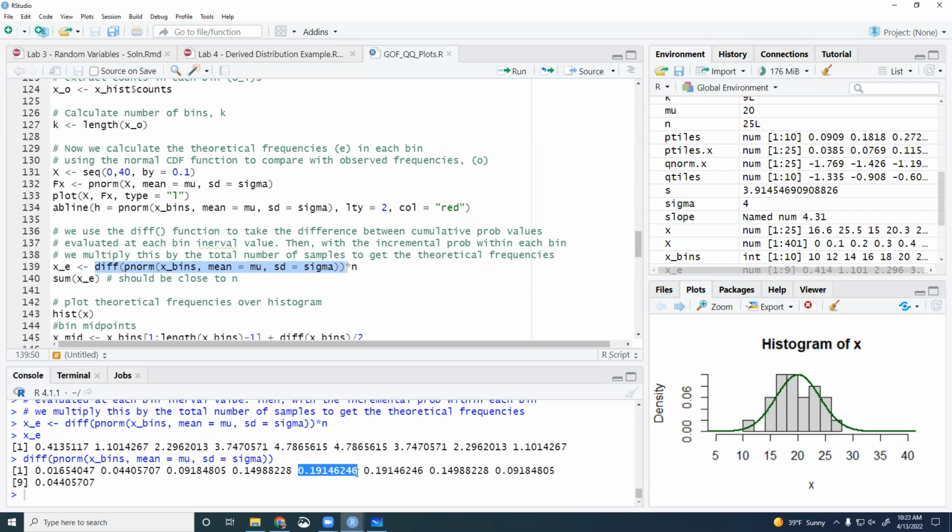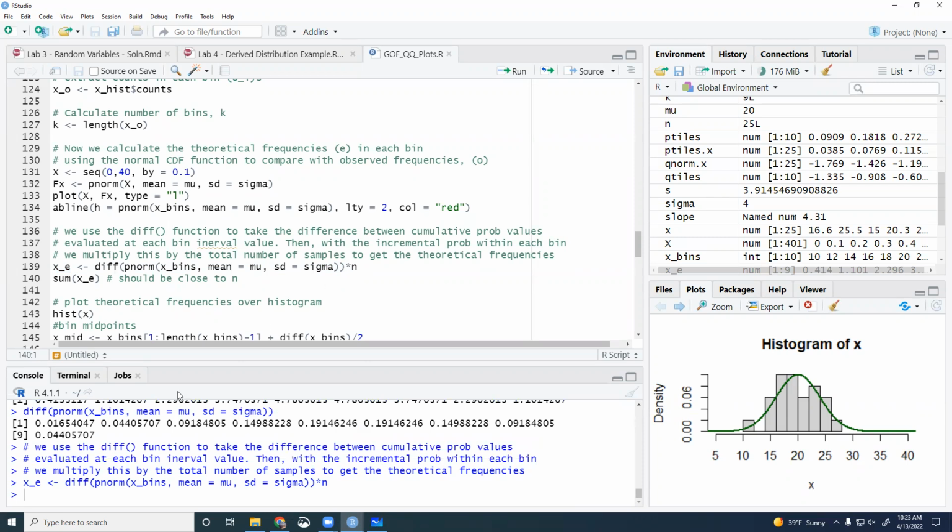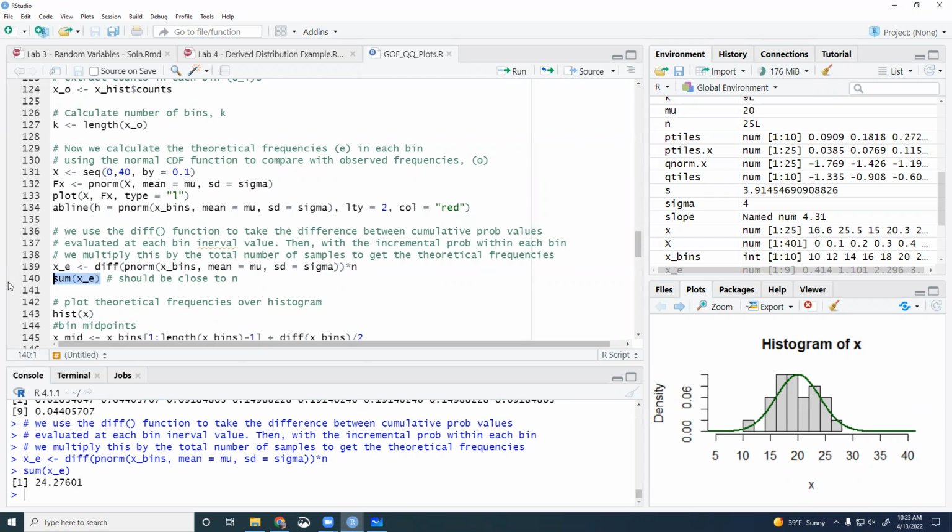So we expect 20% of the observations. And then I multiplied it by n. So now I'm going to get an expected count within each bin. So if I sum those up, it's not going to be exact, but that should be close to my n, and my n was 25. You can see right here. So that's working, it's not perfect.